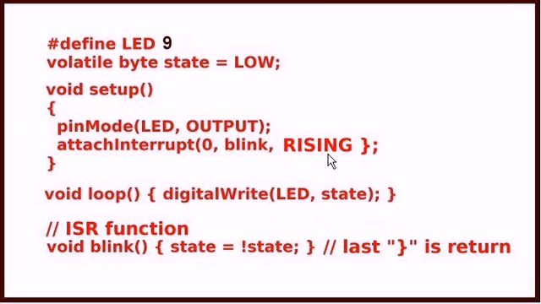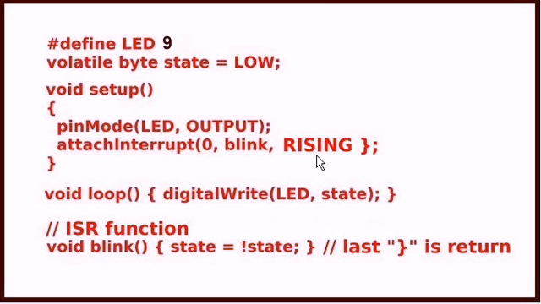What this means is I'm going with interrupt 0, that's on digital pin 2, Arduino knows that. The interrupt service routine is blink, that's my interrupt service routine, and the characteristic of the electrical system is rising.